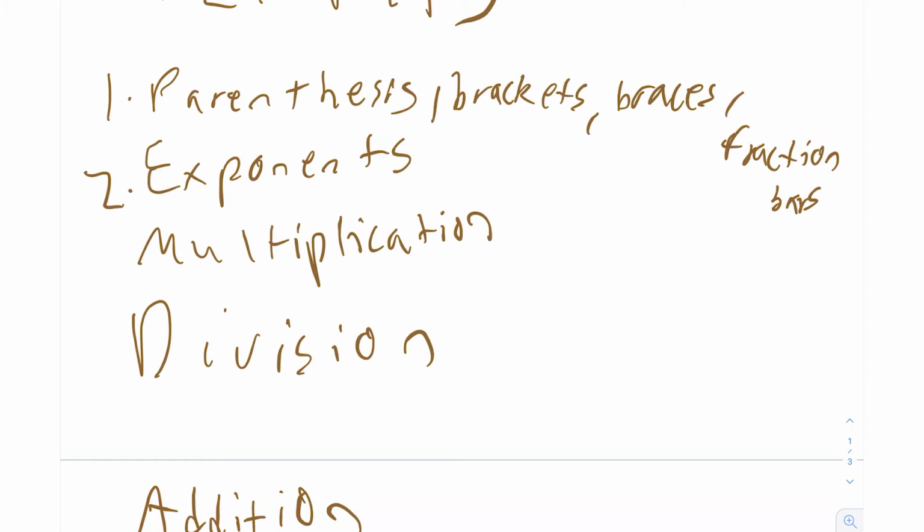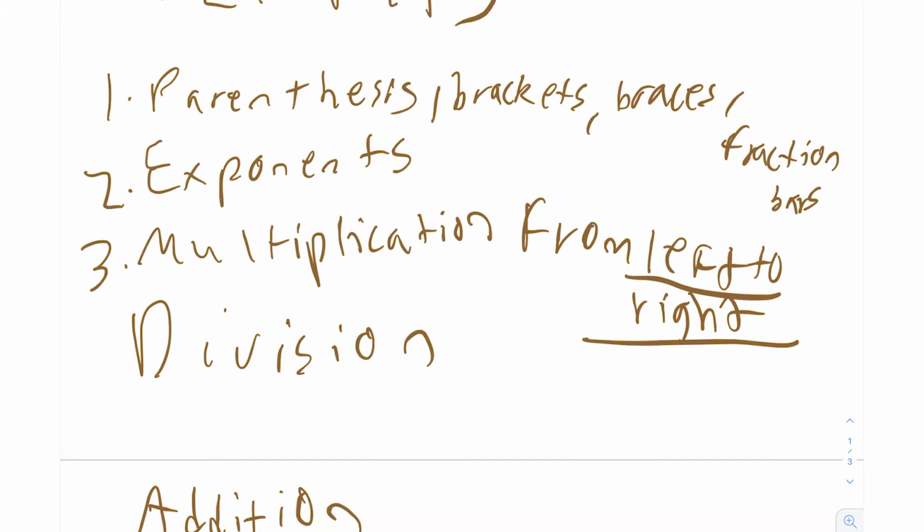The third step and the fourth step are kind of similar to one another. However, for the third step and the fourth step, you would have to do multiplication from left to right. Okay, this is very important because in PEMDAS, if you go from right to left, you get a completely different answer. And it's the same for division.